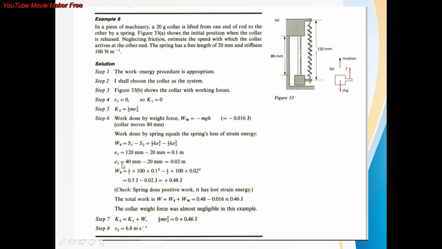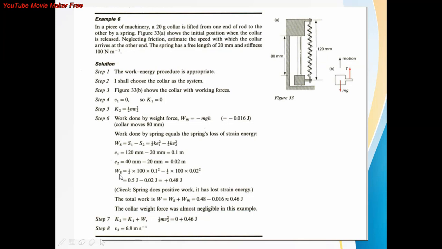Similarly, e2: when the collar reaches here, the length of the spring would be 120 minus 80, that is 40 mm, and the free length is 20 mm. So e2 will be equal to 40 mm minus 20 mm, and finally we get 0.02 meter after changing millimeter into meter, right? So this is the one thing.